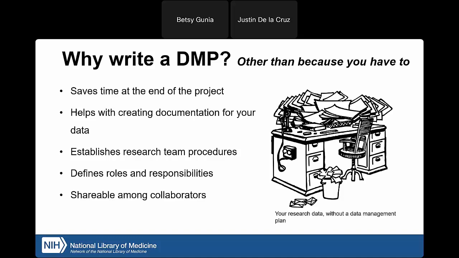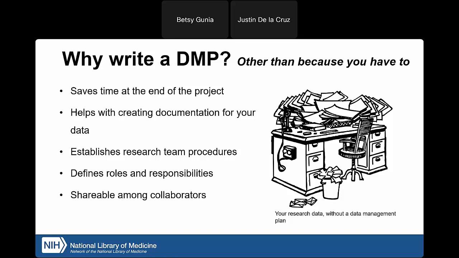So I think what's important to state to researchers is, yes, you have all these requirements to write a data management plan, but there are other reasons to do it. The reasons I gave before, making data FAIR and reproducible, are high, lofty reasons, ideals to improve science. But at a more granular, basic level, DMPs are useful because they save time at the end of the project. I always give this story of one of the first graduate students I worked with to archive their data.